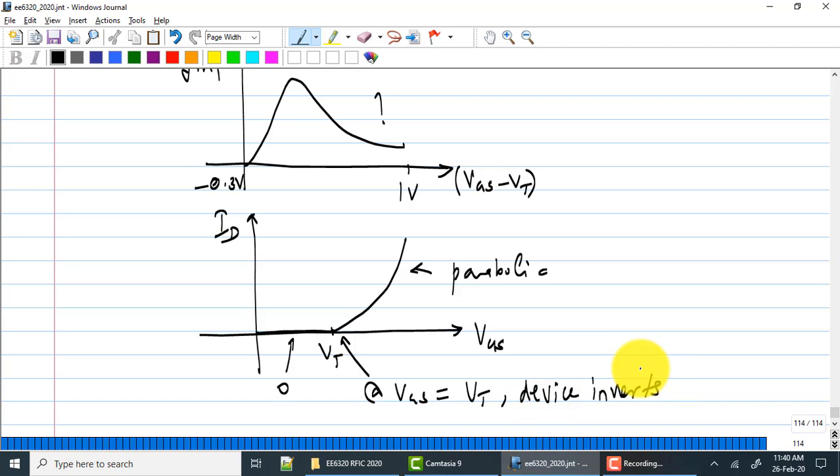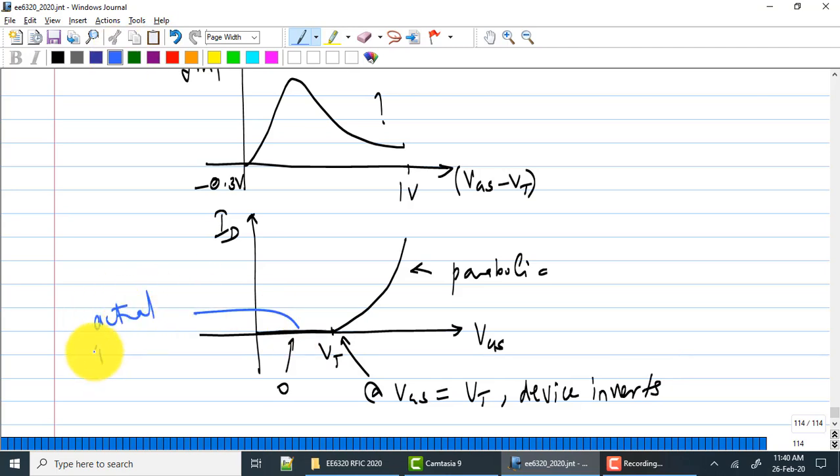It does actually conduct some current in this region also. The actual current through the device is greater than zero, but it is several orders of magnitude smaller than what current you would normally see in saturation.